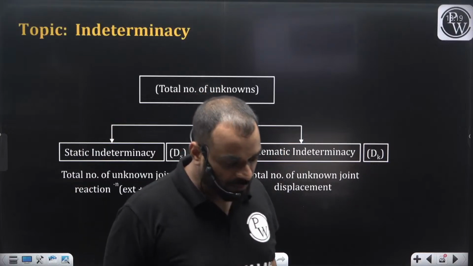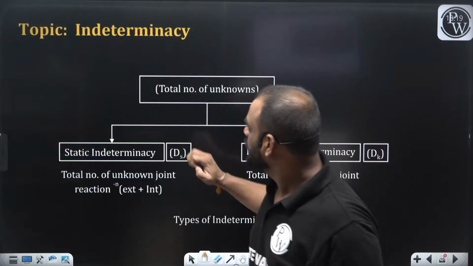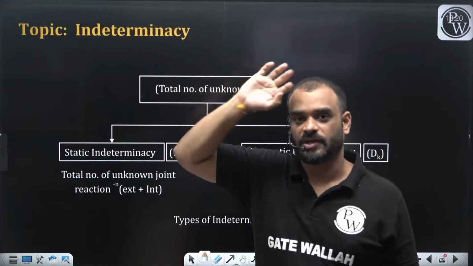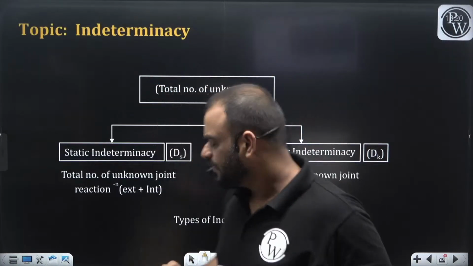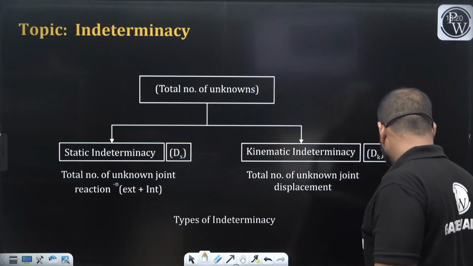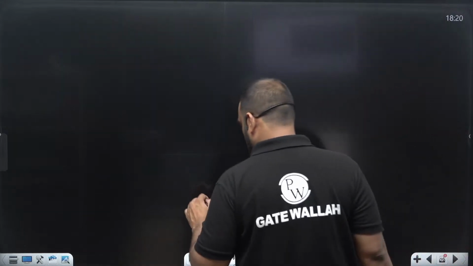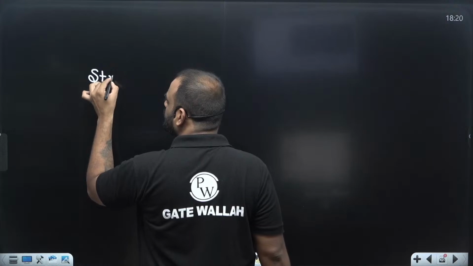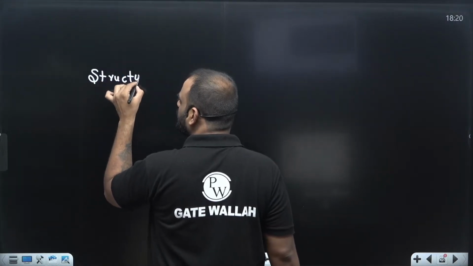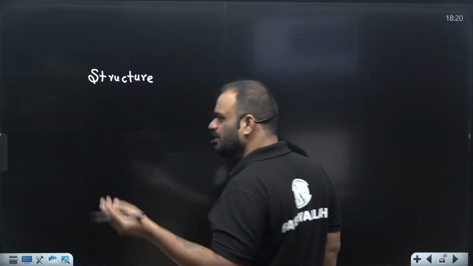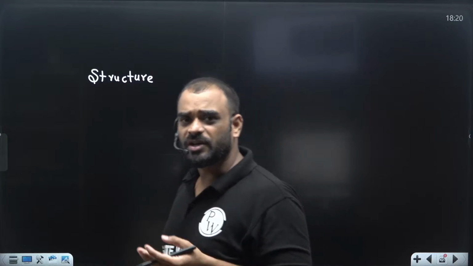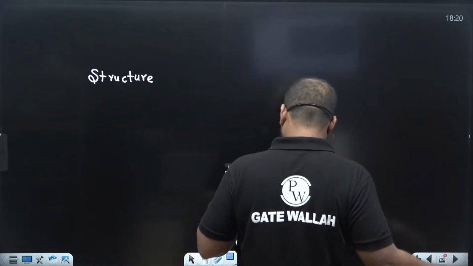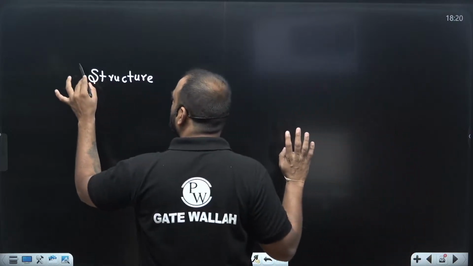Question is, sir, what do you mean by indeterminacy in any kind of structure? So guys, before starting this part, let me explain one simple point. Let us suppose you have any structure, whether it is a cable, an arch, or a rigid jointed frame, whether it is determinate or indeterminate. If you have any kind of structure, what will happen?